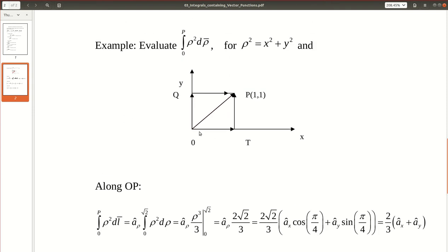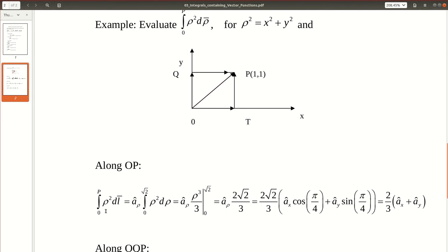Now along OB, from this point to this point, you take integration over a length. So you take integration over rho squared dl. The dl is in the direction of rho, so a rho. This is not ax or ay.